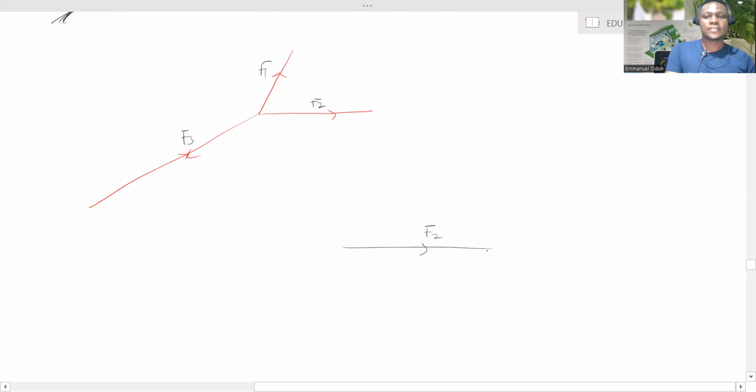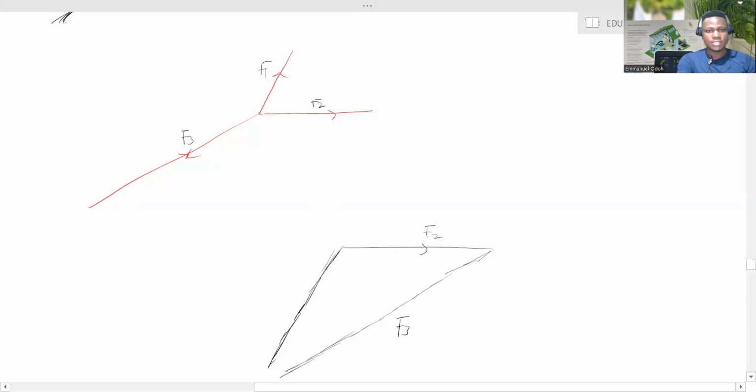I can draw my F3 from here, parallel to that. Let me draw a line parallel to F3. So this is my F3. And you can see my F1, I'm drawing parallel also.